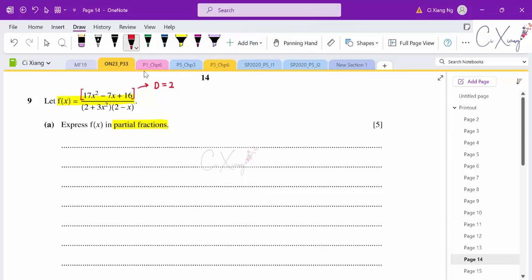And for the bottom one, if you multiply all the x together, the highest power for x is x power 3, right? X squared multiplied with x, I'm having x power 3. And therefore, the degree for the denominator will be equal to 3. When the degree on top is smaller than the degree at the bottom, this is a proper fraction. So for a proper fraction, you can separate it into partial fractions directly without going through long division. Okay? Right, so let's start with the partial fractions.